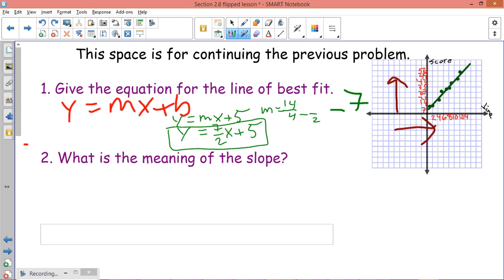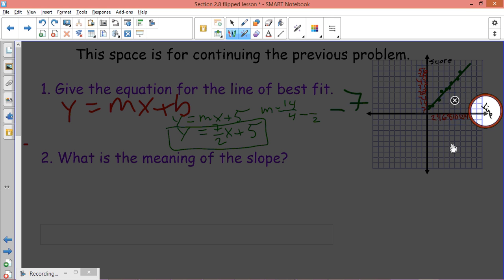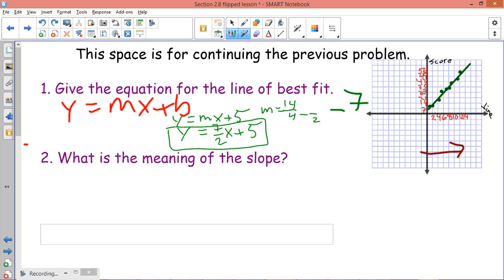So when it says that I go up 7 and over 2, think about what your up and your over mean. Up is an increase in your score. Over is an increase in your time. Okay, so when I'm going to the right, my time is increasing. When I'm going up, my score is increasing.